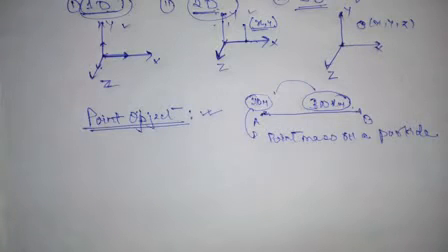I'm repeating it. What is a point object? When describing motion, we ignore the size and dimension of the object. Those objects are known as point objects. Similarly, it is also related to point mass.